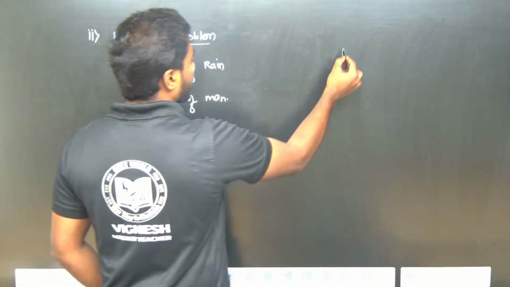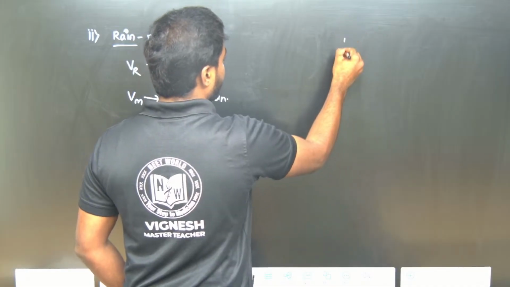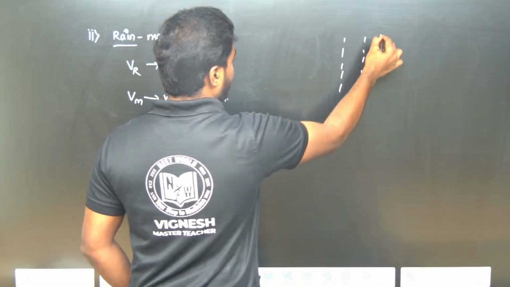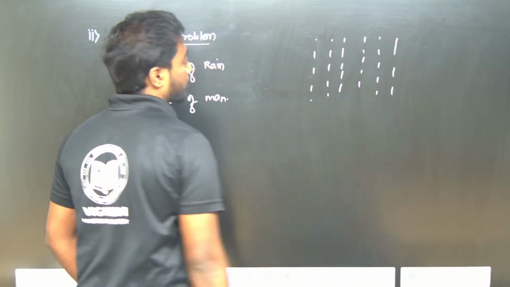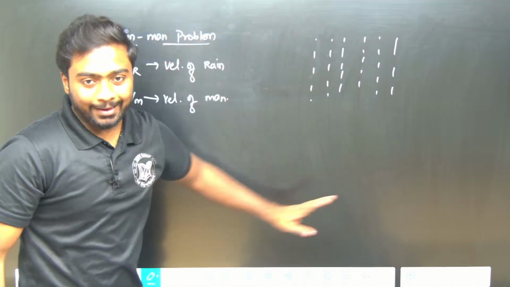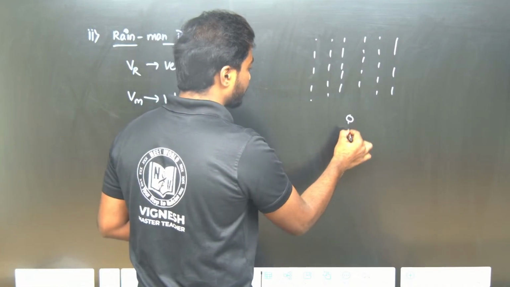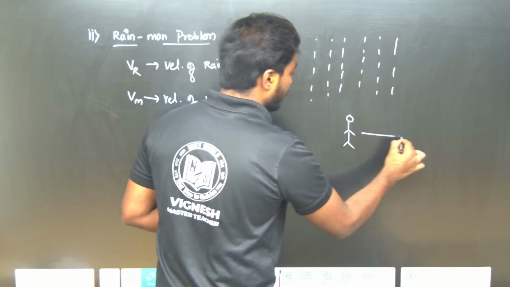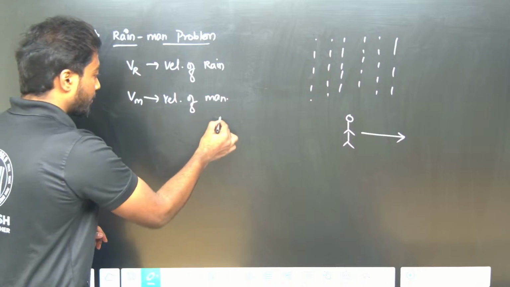So rain, obviously, we'll assume in the vertical direction, and the man is walking in this direction. Can I write the vector like this?